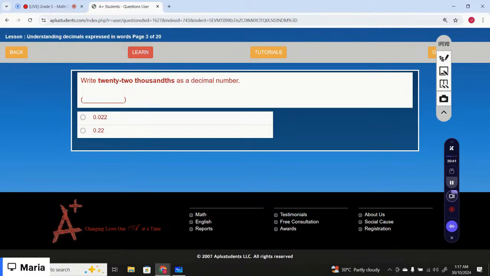Write 22 hundredths as a decimal number. So, which is the correct option? The correct option is 0.22.